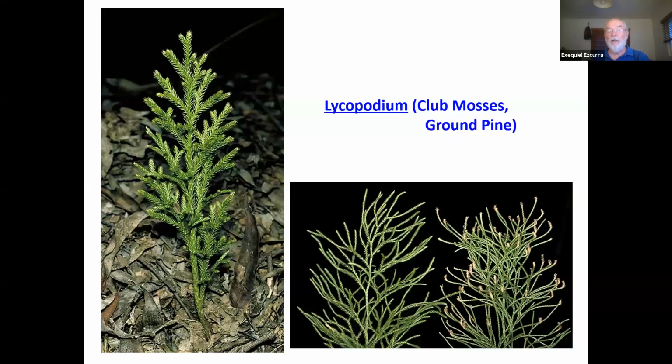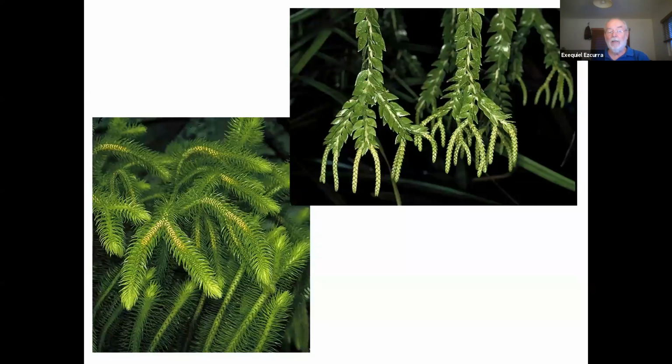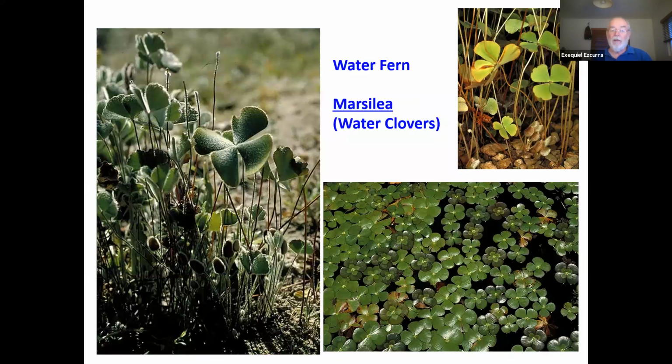The water ferns, there are a number of water ferns like Marsilea, the water clovers, a lot of floating plants, even to this day in freshwater ponds, are in the fern allies group. This is the water ferns that look like clover. They have a four-leafed frond.